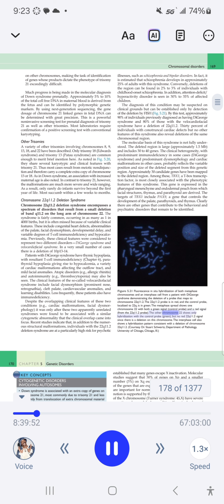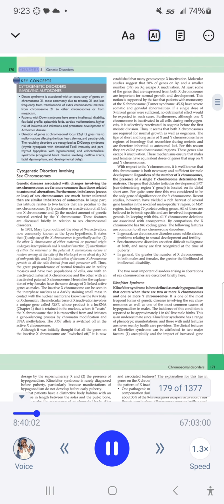The other chromosome 22 shows only hybridization with the control probe (green), but no red 22q11.2 signal since there is a deletion on this chromosome. The interphase cell also shows a hybridization pattern consistent with a deletion of chromosome 22q11.2. Courtesy Dr. Stuart Schwartz, Department of Pathology, University of Chicago, Chicago, Ill.